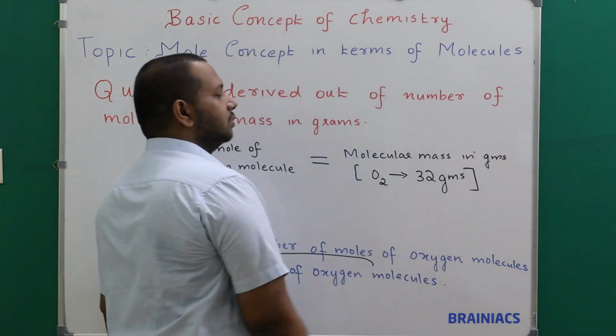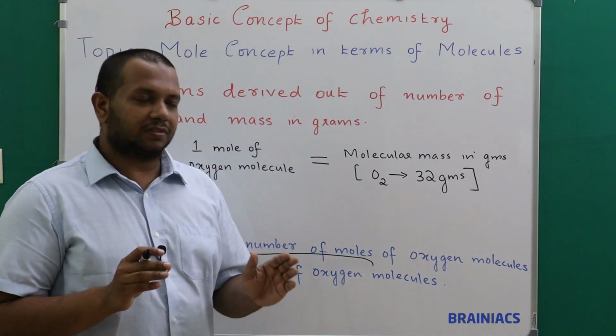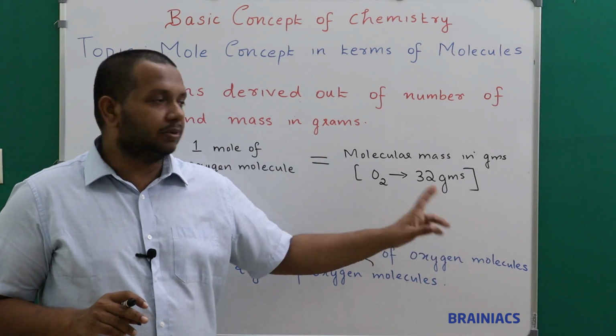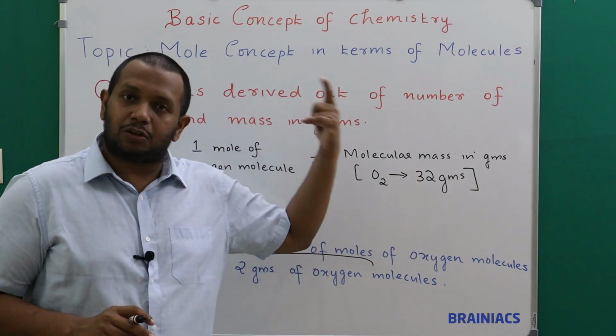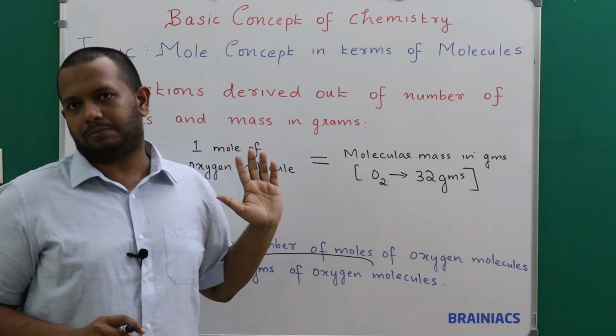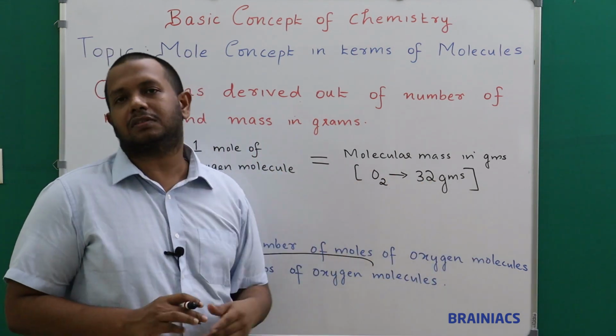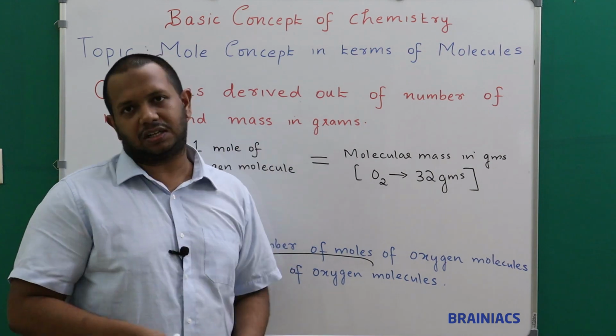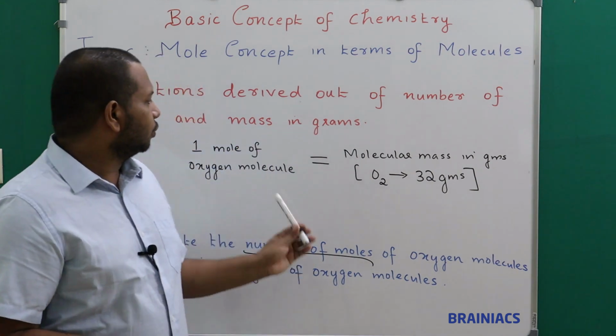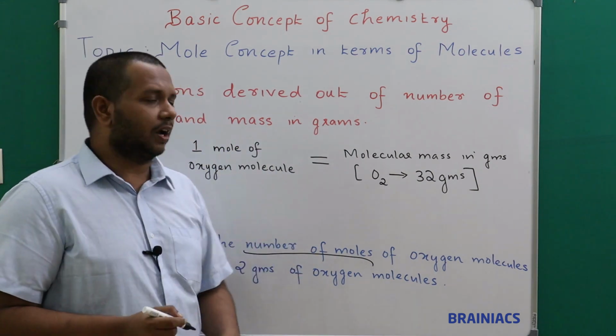This is very important. In exams also, please understand, if they are speaking about an oxygen atom, never take 32, then it is atomic mass, then it will become 16 gram. Now we are speaking about oxygen molecules, that's why 32 gram is coming into the picture. Okay, please understand that. So this is what we know as the fundamental formula.